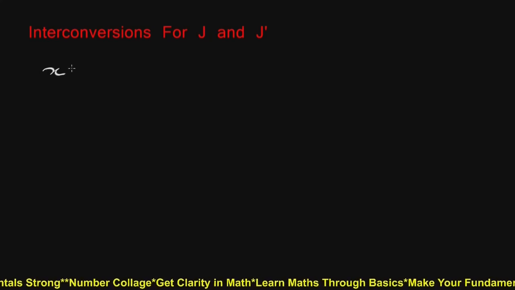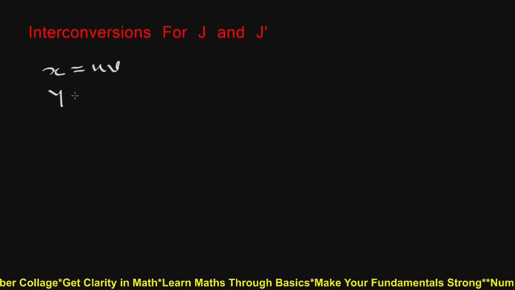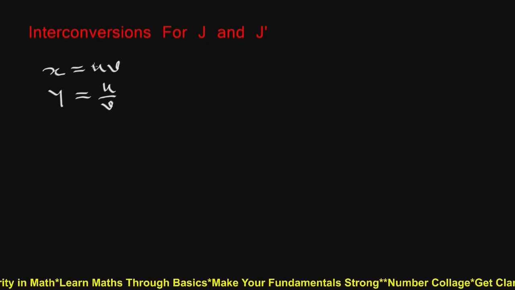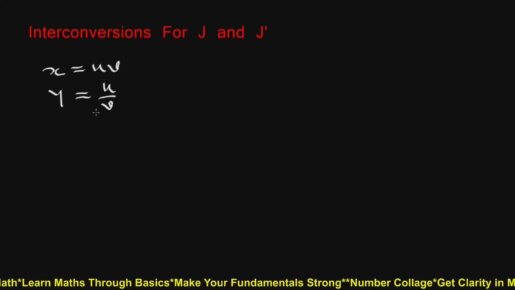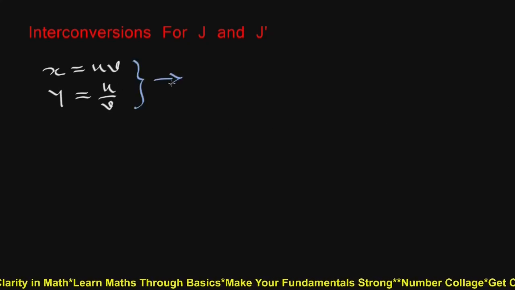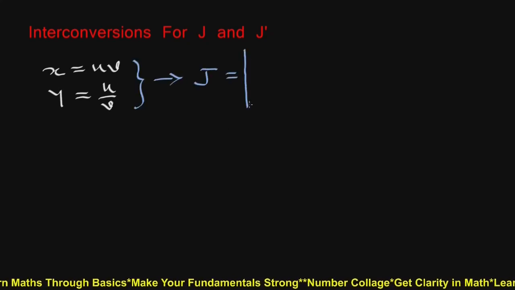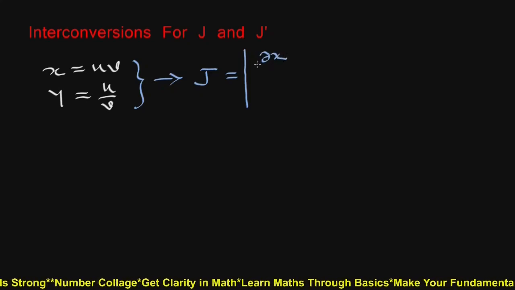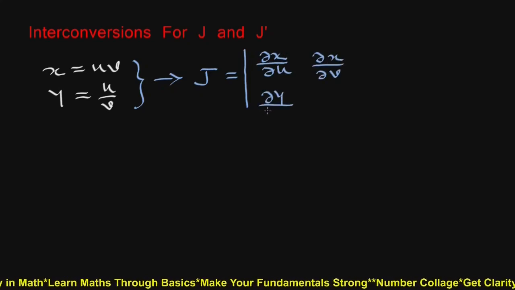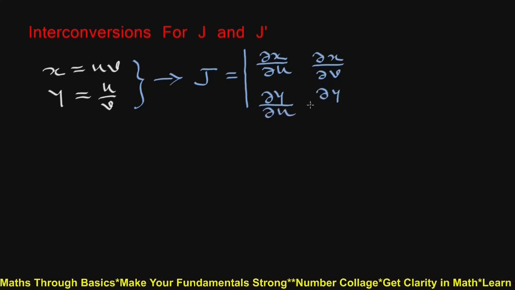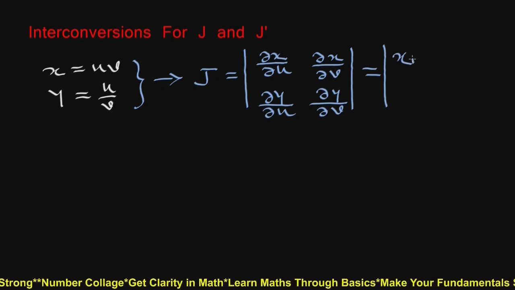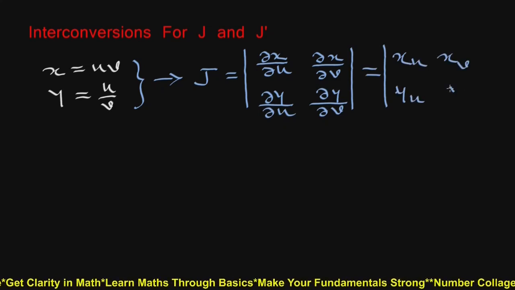Suppose x is equal to uv and y is equal to u upon v. Here x is a function of u, v and y is also a function of u, v. So from this data we are able to find J, which is determinant dou x by dou u, dou x by dou v, dou y by dou u, and dou y by dou v, which in short we write xu, xv, yu, yv.